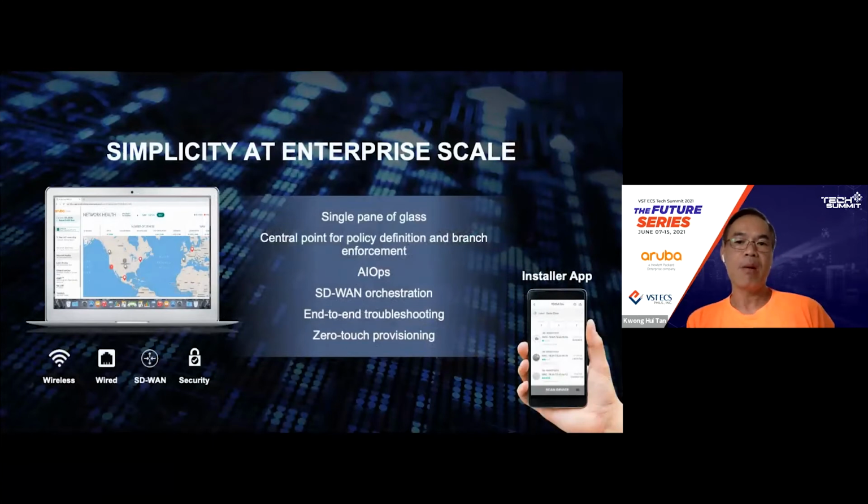Let's spend some time talking about the first pillar. The first pillar brings branch wireless LAN and LAN together with SD-WAN capability for distributed enterprises that lack on-site IT support.